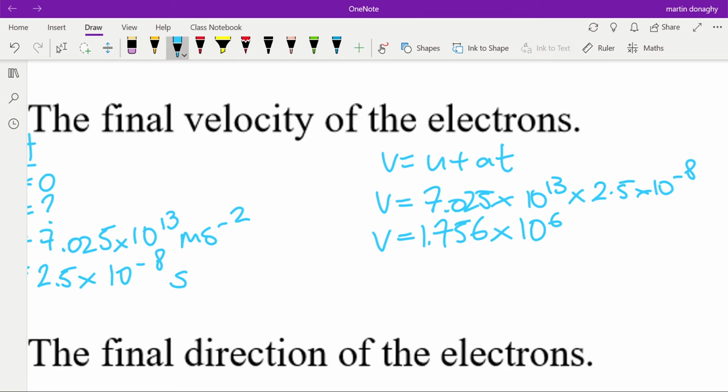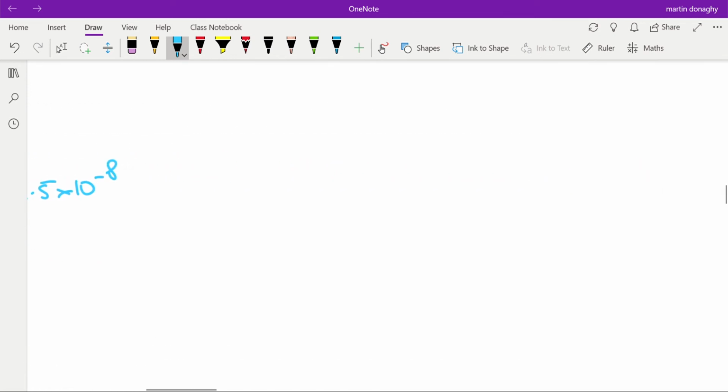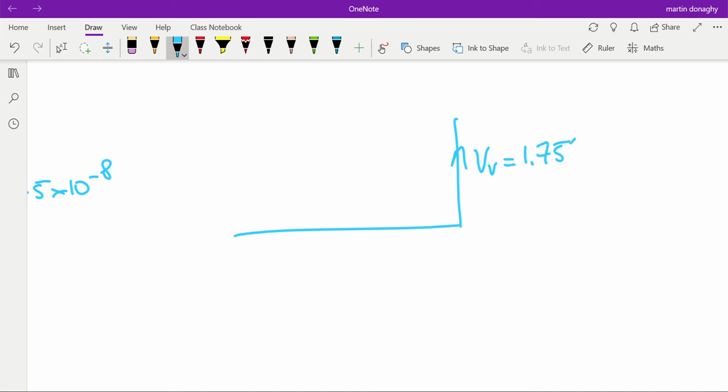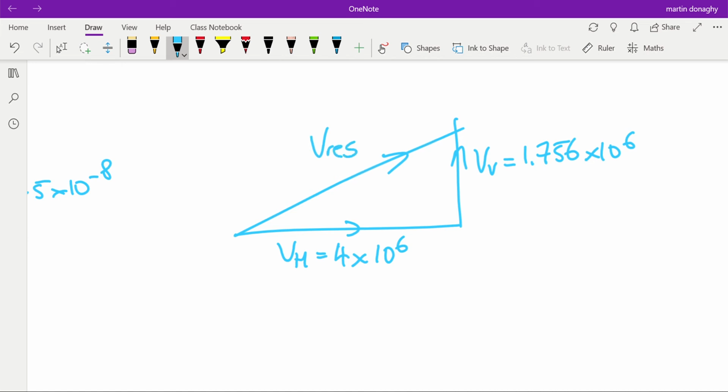But what we have to remember is that's just the vertical component. We still have the horizontal component of motion. We know the vertical is 1.756 by 10 to the 6, and the horizontal component doesn't change, so it's going to stay as 4 by 10 to the 6. We're trying to work out that resultant.